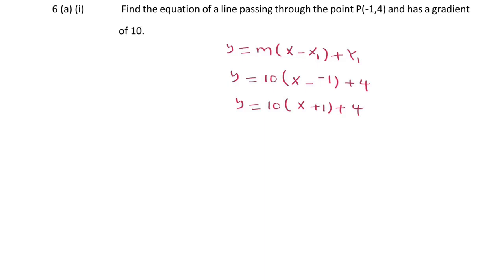Now let us open the brackets by multiplying each term inside the bracket by 10. Then our equation is y equals 10x plus 10 plus 4. Now let us combine the like terms. Then our equation is y equals 10x plus 14. And this is the equation of the line required.